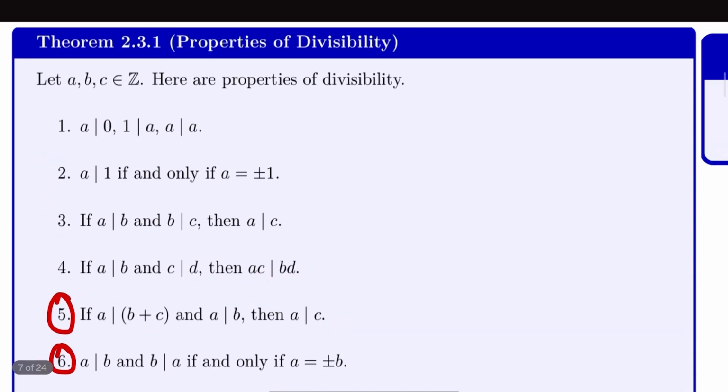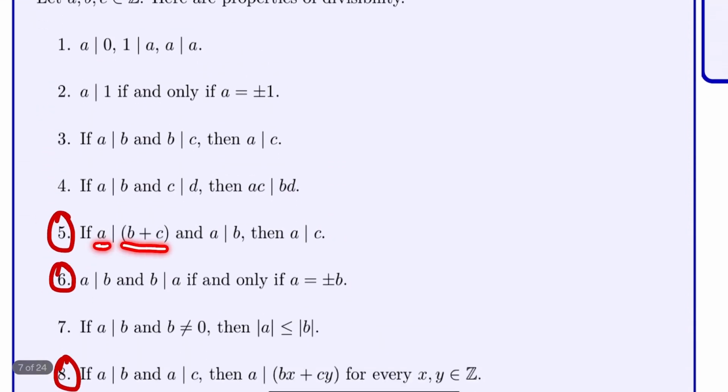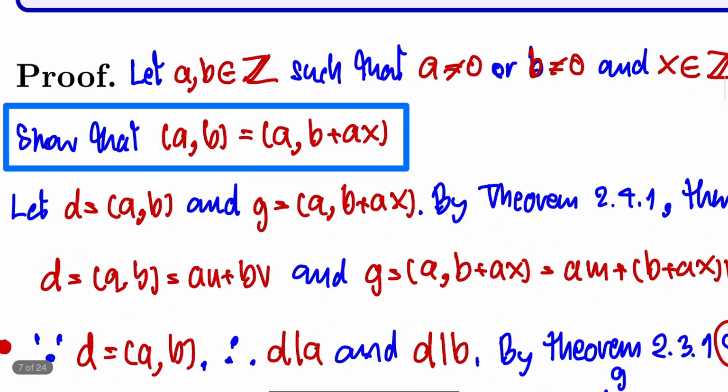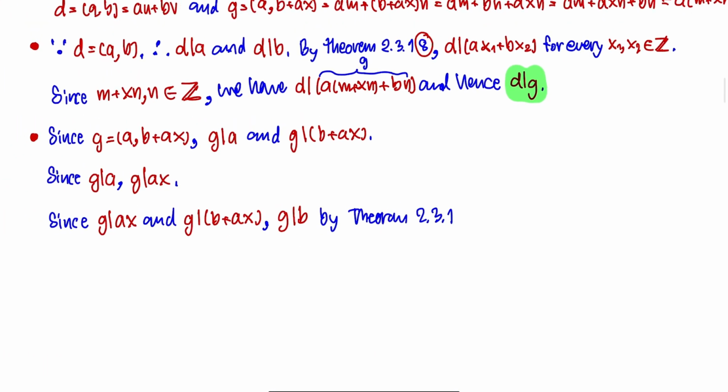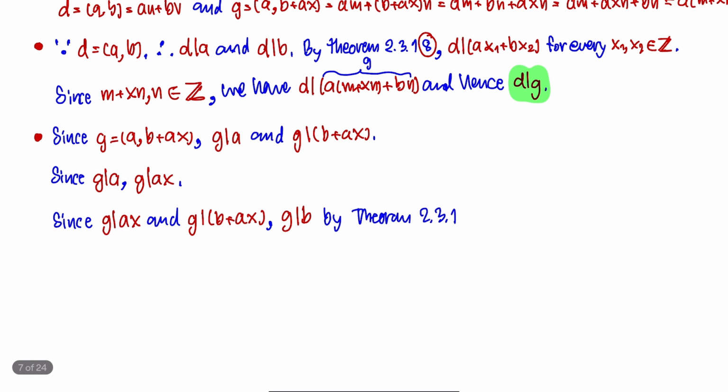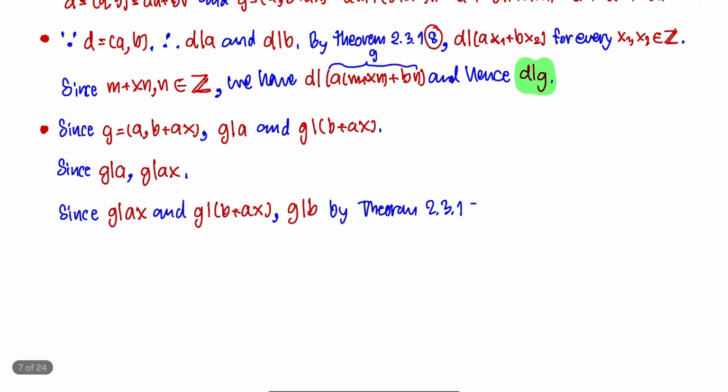Okay, so if a divides the sum of two numbers, a plus c, and a divides b, then a divides c. Alright, so what we have right here is by Theorem 2.3.1 property 5, okay, we're going to have G divides b.